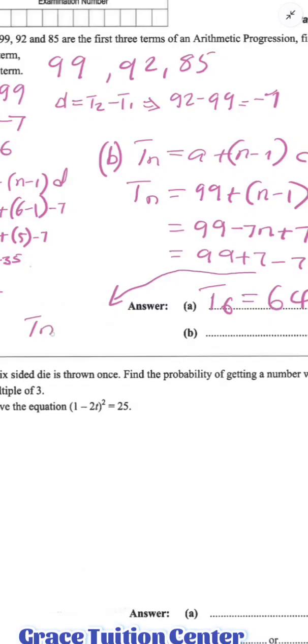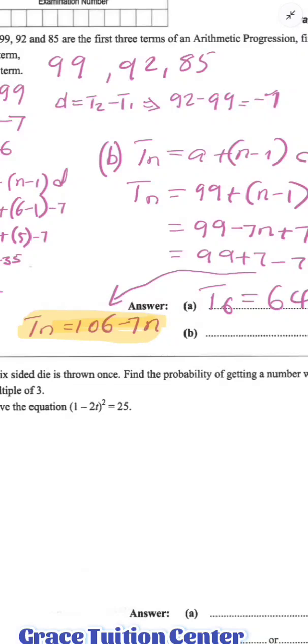So Tn is 106 minus 7n. So this formula here is called the nth term formula.